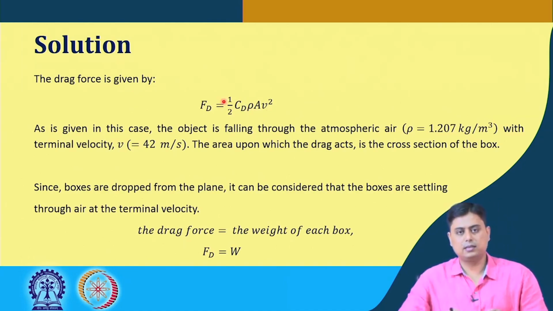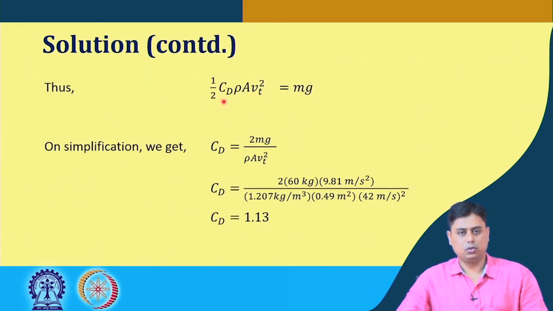This is as simple as it looks. So, this is our equated form: the drag force is equal to mg. So, we find out what is CD based on the numerical parameters given in the problem, because all other parameter values are given. I hope this is clear.